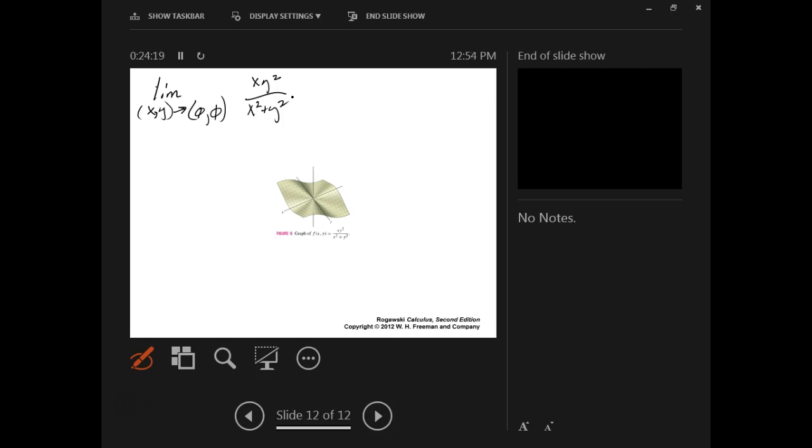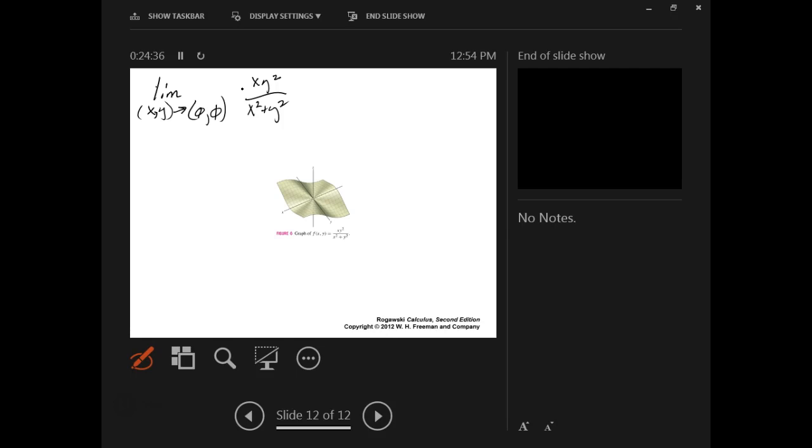Now this is what it is for any value other than 0, 0, because obviously at 0, 0 that's undefined. But this time, is there a limit as xy approaches 0, 0?